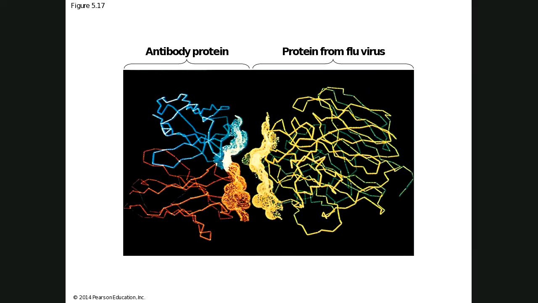So when these things are bumping around randomly, when they get close enough, the reason why they're going to recognize each other, even when we talk about enzymes in subsequent chapters, the way these proteins recognize the thing that they're supposed to interact with, in this case the flu virus, is shape. And the only reason that you get that squiggly, weird shape where you do is because you put the right amino acids in the right order.